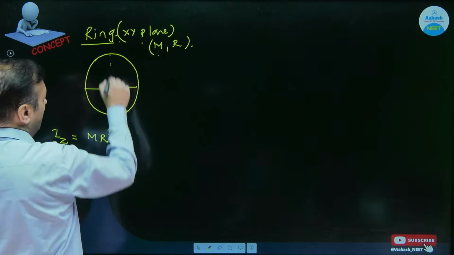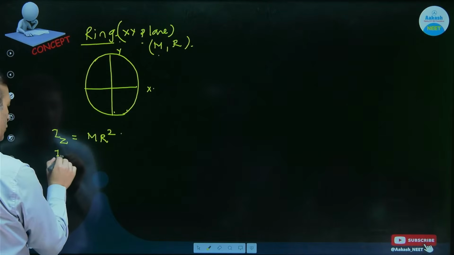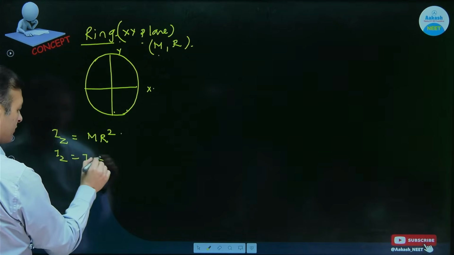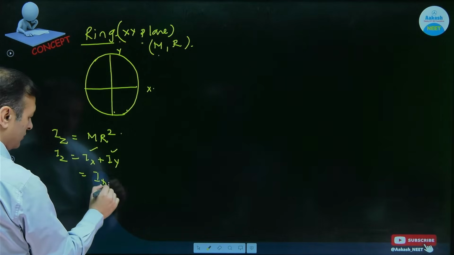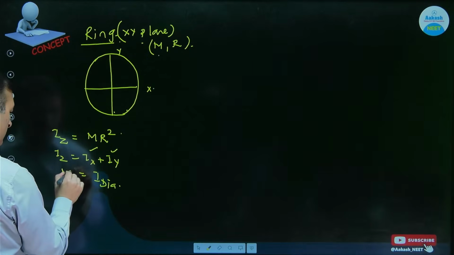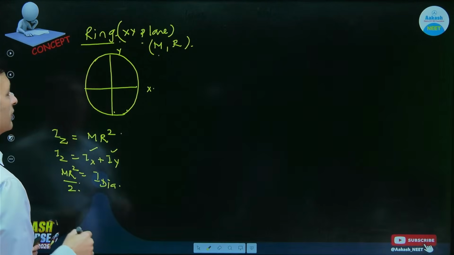Suppose this is one diameter, this is another diameter, so this may be the x-axis, this may be the y-axis. So Iz is equal to Ix plus Iy, and both are equal. So moment of inertia about its diameter is mr square by 2, right?